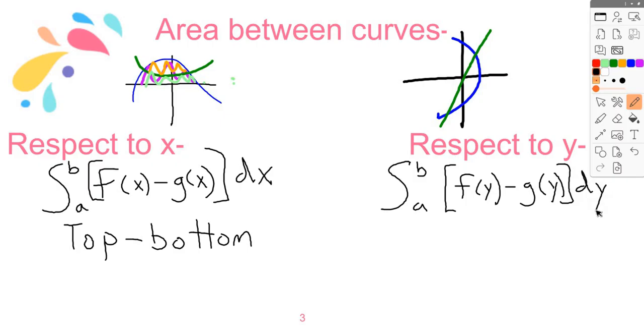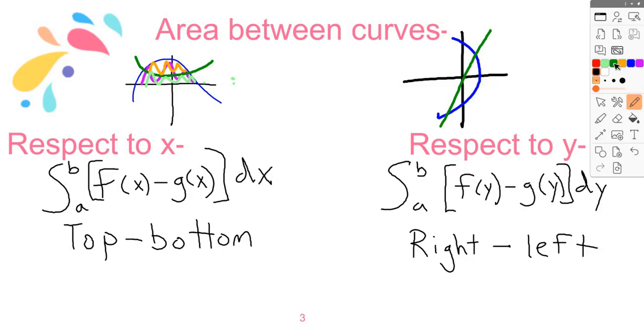But when we're taking a function with y, just like when we take it with x, I go to the x-axis. Here we are going left and right, so it is to the y-axis, which means that this is now right minus left.